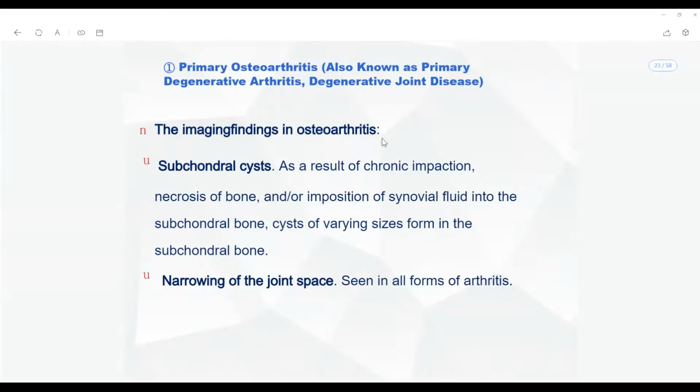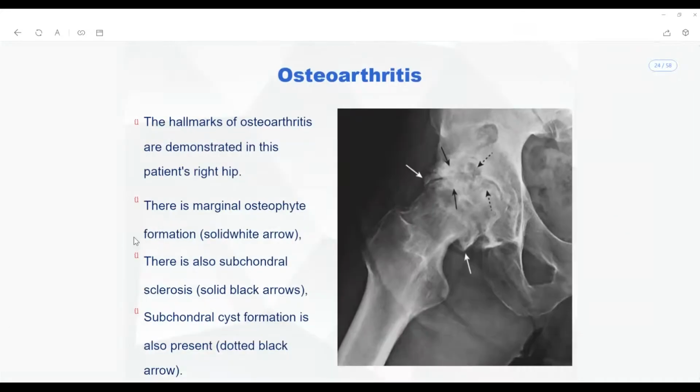Right, so let's try to see here. We are looking at the right femoral joint where there are marginal osteophytes formed. There is again subchondral sclerosis present along the superior surface of the femoral head and along the acetabulum.